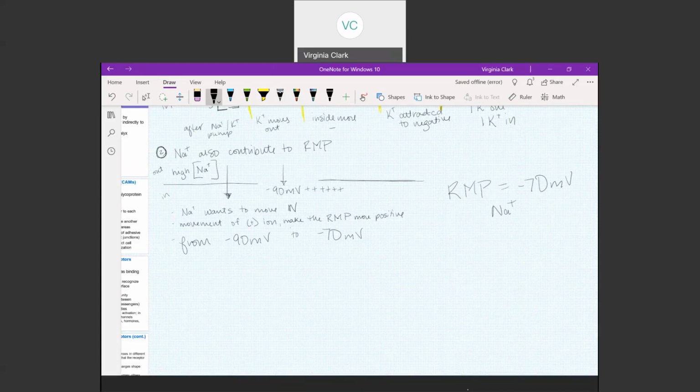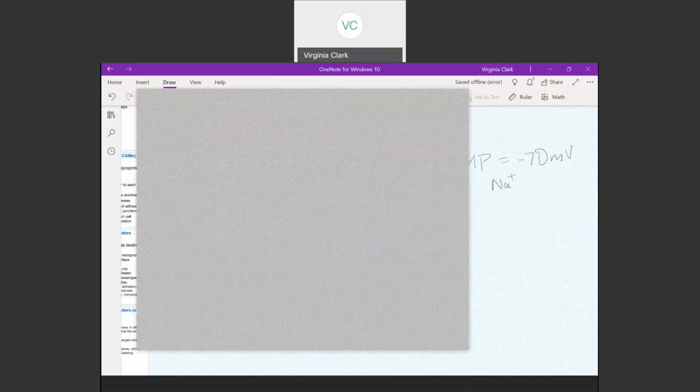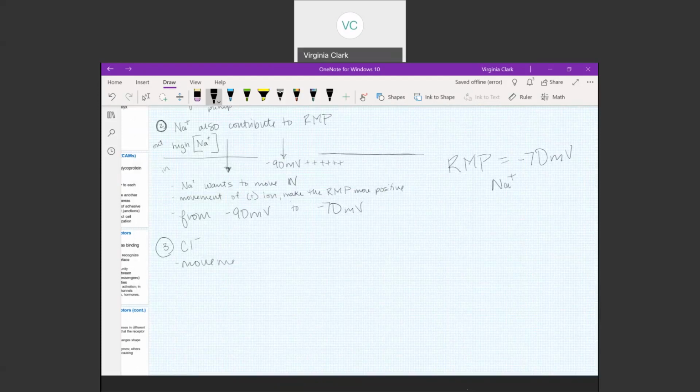Okay, and then the third ion we said was going to be chloride. Chloride is really easy. The movement of chloride in is going to equal the movement of chloride out. So here is our cell.